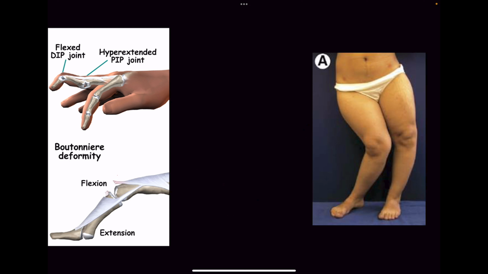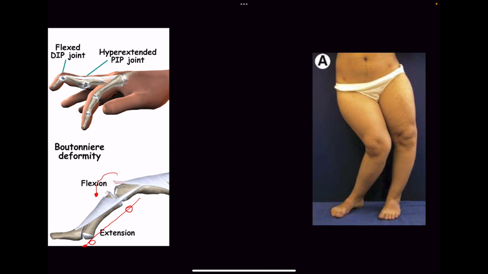Coming on to the swan neck deformity and boutonniere deformity. So please understand the extensor mechanism. The extensor mechanism has what is called a central slip and what is called a lateral slip. The central slip crosses just the proximal interphalangeal joint and attaches to the middle phalanx, while the lateral slip crosses all the way the proximal interphalangeal joint and also the distal interphalangeal joint and attaches to the distal phalanx.